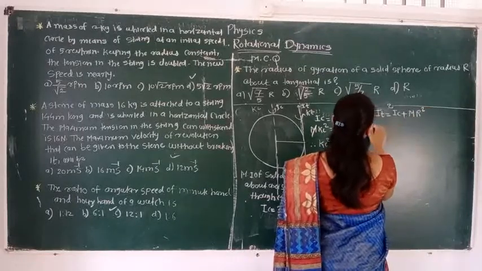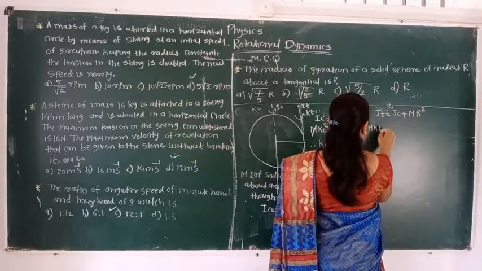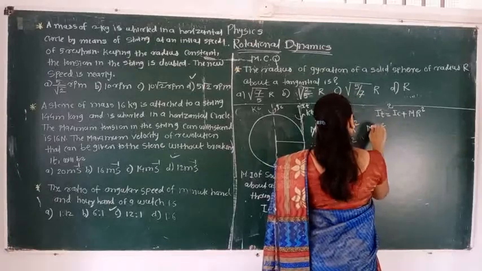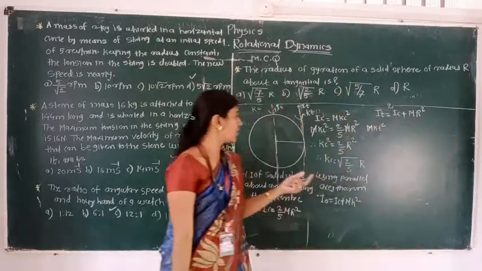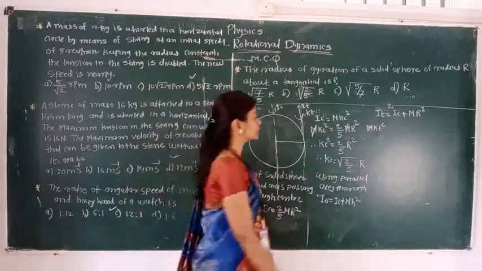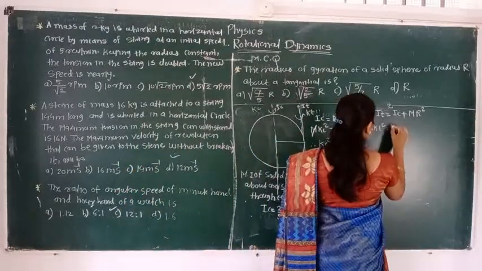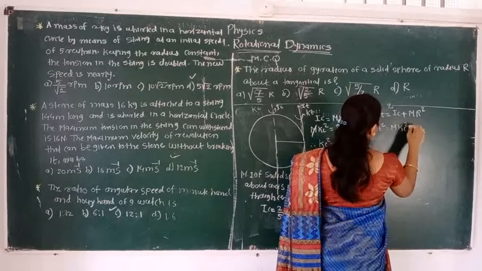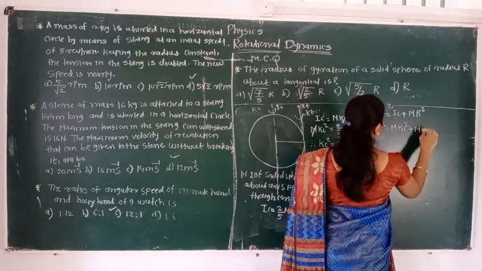So we have m kt square, because the radius of gyration is given. When the radius of gyration is given, the moment of inertia is expressed in terms of k. Here we will get m kc square plus m r square.